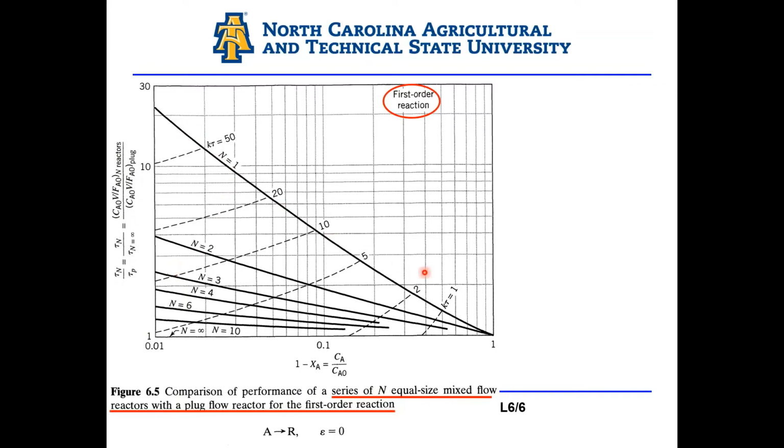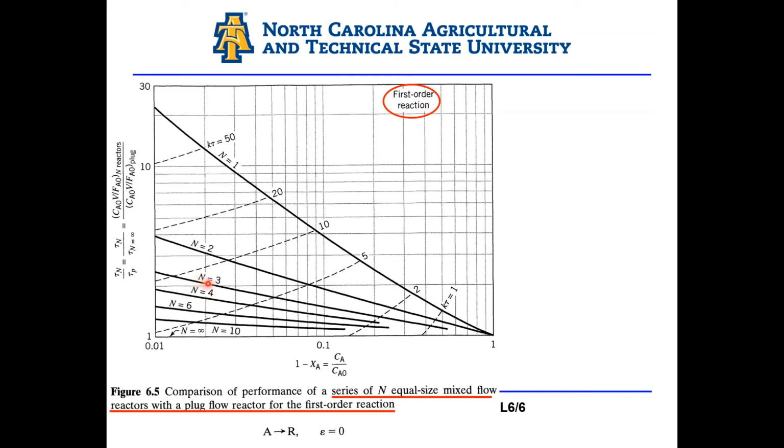And as you can see, these solid lines are in terms of n. So if I'm comparing one CSTR to one PFR, n equals 1, and this line is exactly the same as the line on the previous chart. If I'm comparing two CSTRs in series to one PFR, I look at this line.